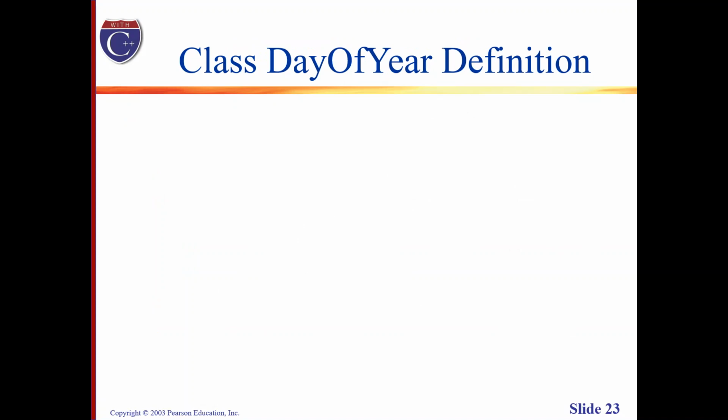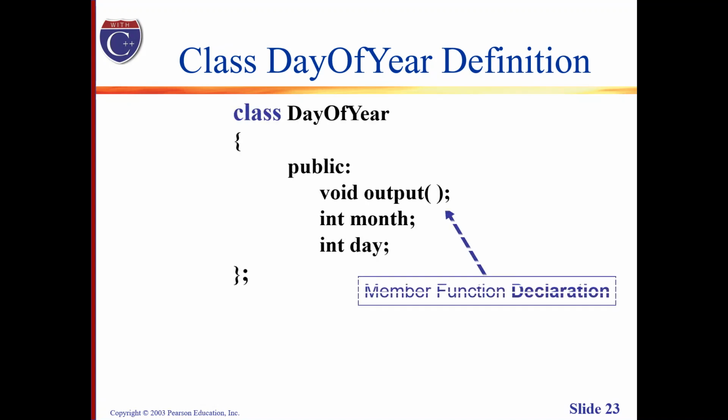Now that we have determined the data that will be contained by our class, we will now define the class that we will create. Here's an example of a class definition. As you can see, this is quite similar to how we define a structure. In this case, we use the class keyword followed by the class name.